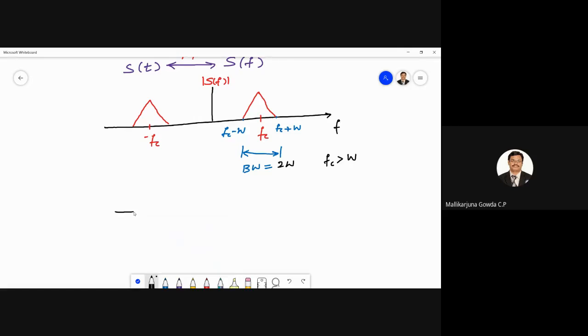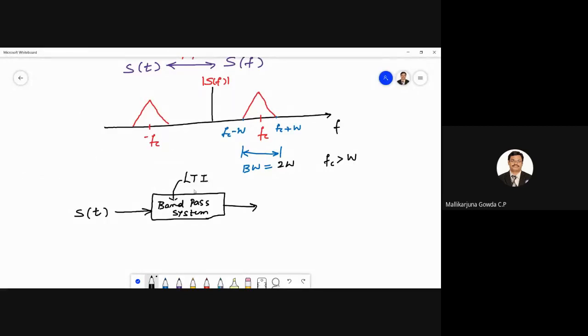So this is my bandpass signal, a narrowband signal. I am applying this narrowband signal to my bandpass system, and it is basically an LTI system.